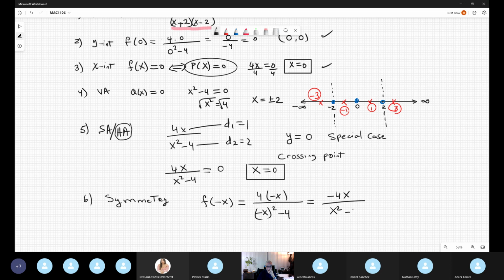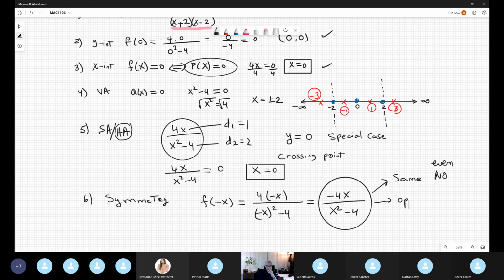And we compare this expression and this expression. Is it the same? No. Therefore, not even. Even is when it's the same. Is it completely the opposite sign? Yes or no? No. I believe yes.